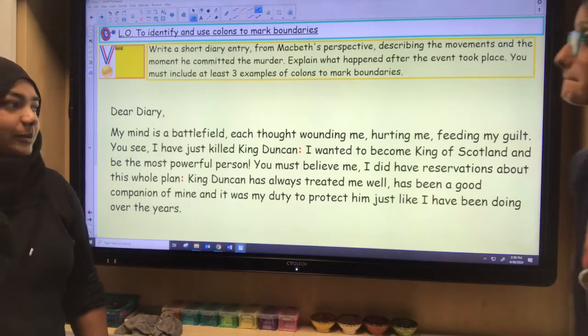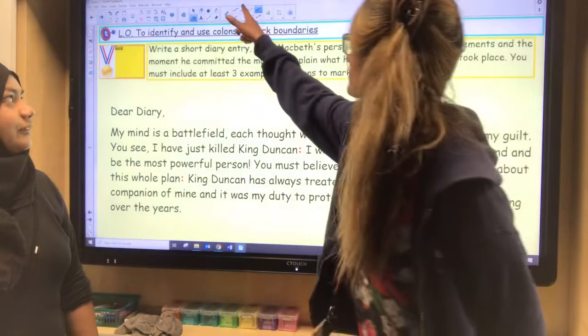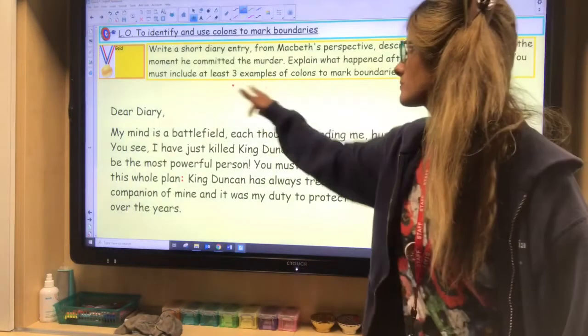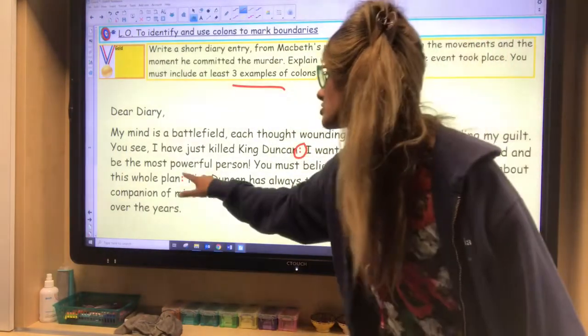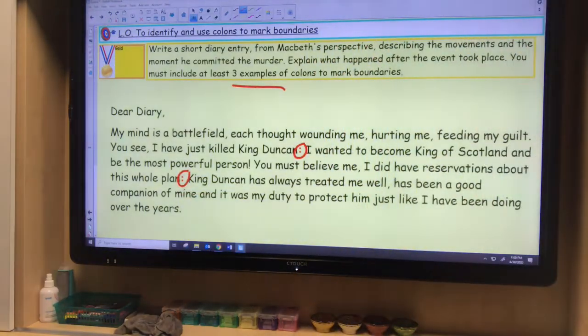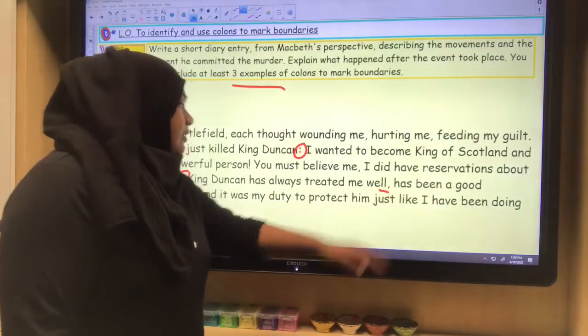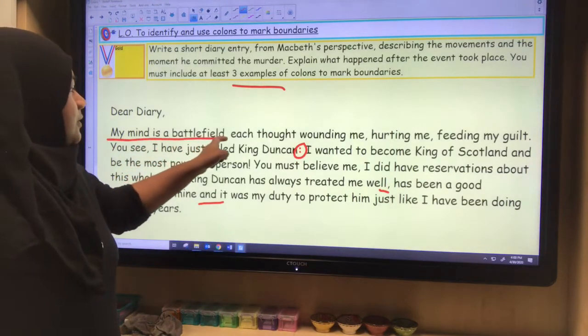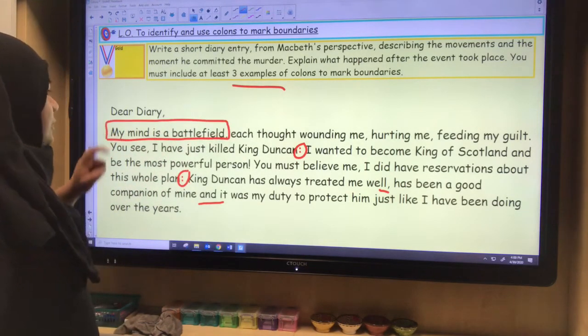Okay, so I'm sure you're wondering what I'm about to do. I'm just going to say here, you can see that Miss Smith used 2 examples. Remember, you need to use 3 examples. She's got one here, and she's got one here. And I've used other narrative techniques as well, so I've got commas in the list. So here, I've created a list. I've also got my mind as a battlefield, so some great metaphors there.